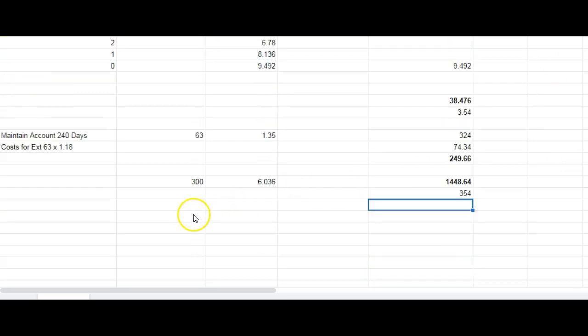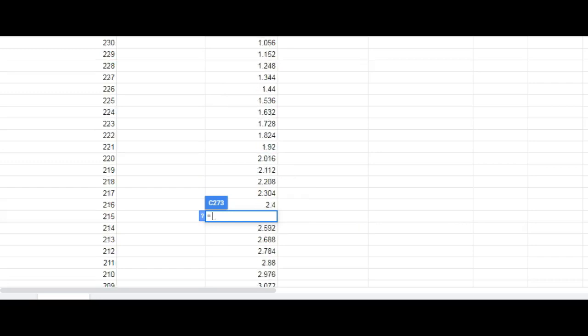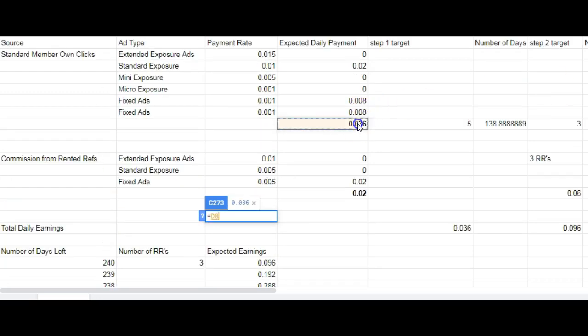So if you have, let's go for the golden membership, 2,000 rented referrals, and you are still earning exactly the same from your own ad clicks. So that's this amount, plus you're earning this per rented referral on average. Oops, forgot to put my brackets in.